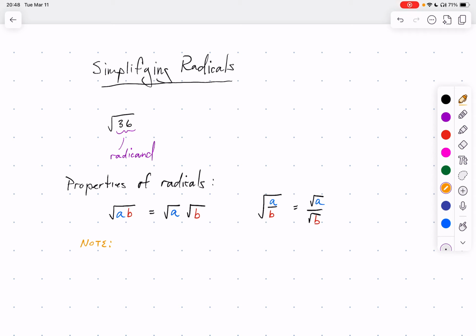For example, the square root of a plus b is not equivalent to the square root of a plus the square root of b. Okay, that's not true. And it works the same with subtraction, right? The square root of a minus b is not equivalent to the square root of a minus the square root of b. Okay, so this only works for products and quotients.